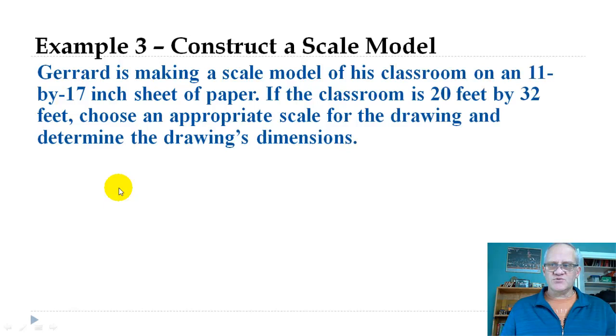All right, last one. Gerard's making a scale model of his classroom on an 11 by 17 inch sheet of paper. If the classroom is 20 feet by 32, choose an appropriate scale. Okay. So what we know is if he's going to get 20 feet in 11 inches, we have to come up with a scale that'll fit in that space.